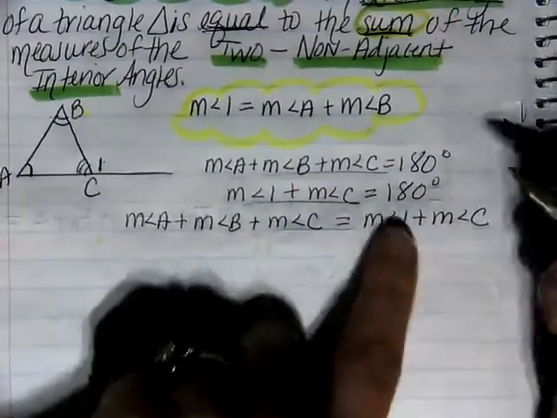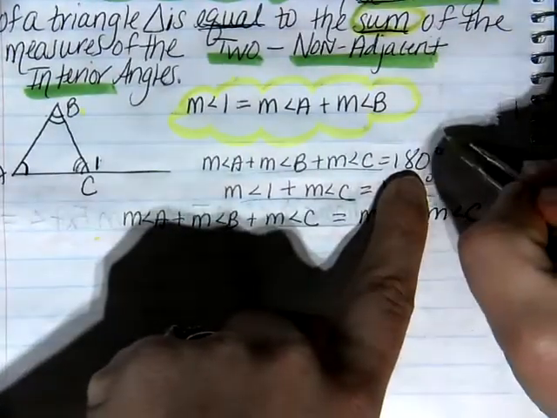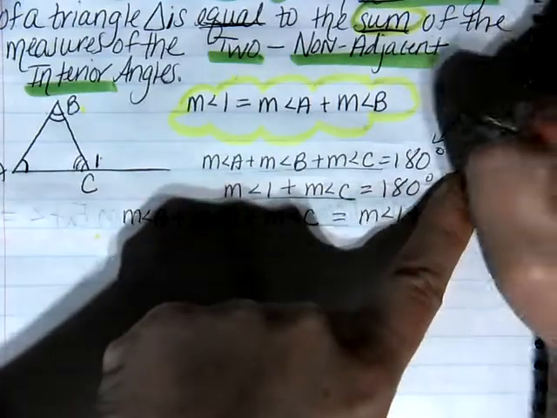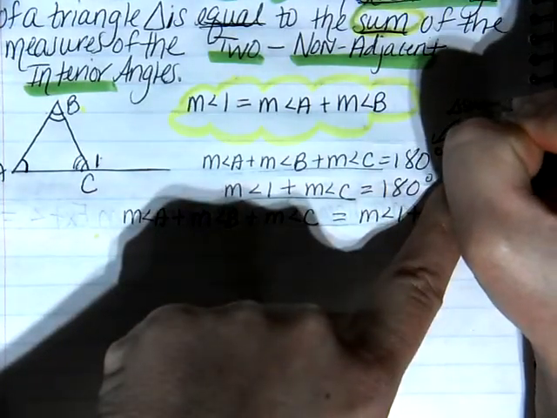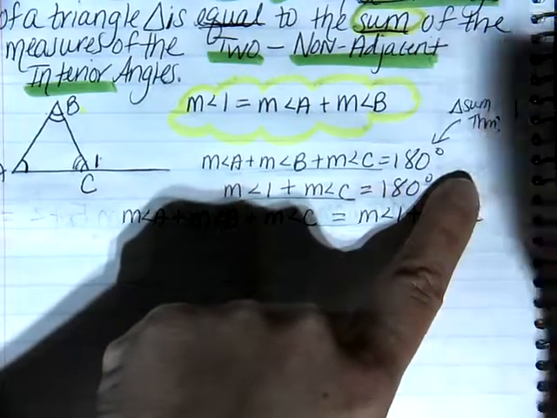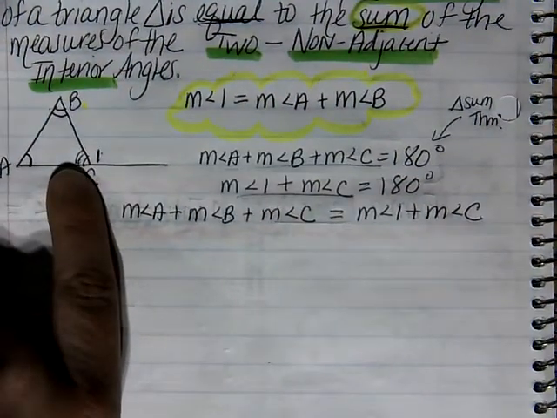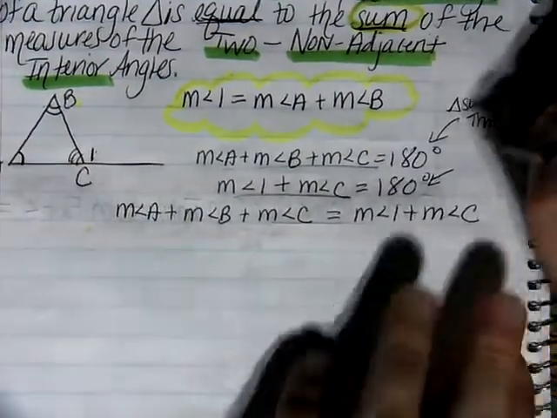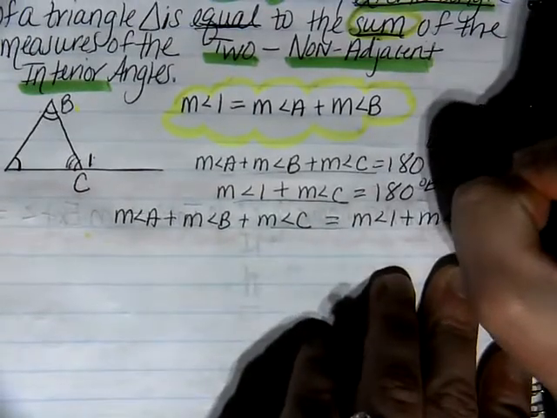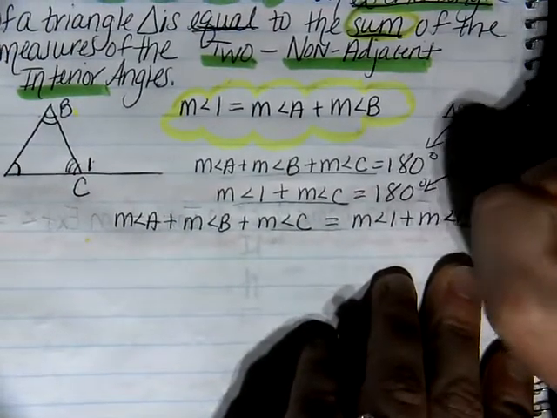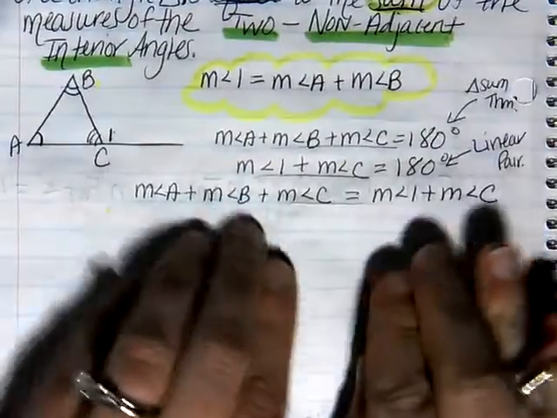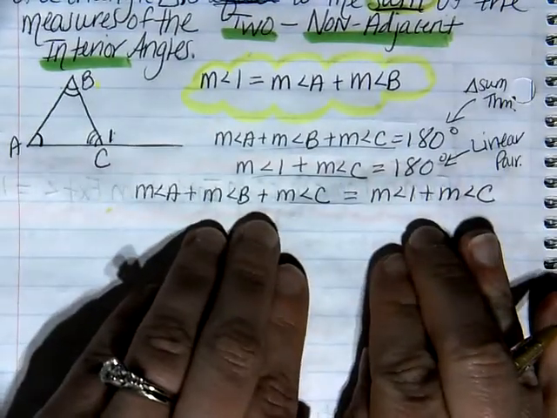We know this because for angle A, angle B, and angle C, we're using the triangle sum theorem. And we know the measure of angle 1 plus this measure of angle C over here are a linear pair, and they add to equal 180. So therefore, these two expressions are equal to each other.